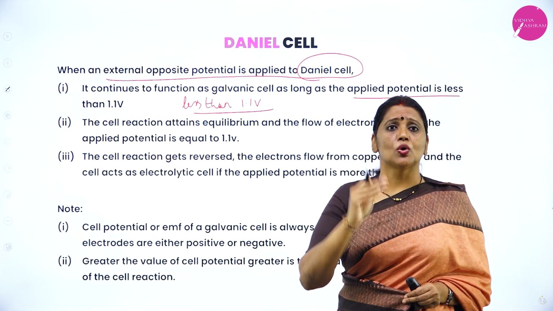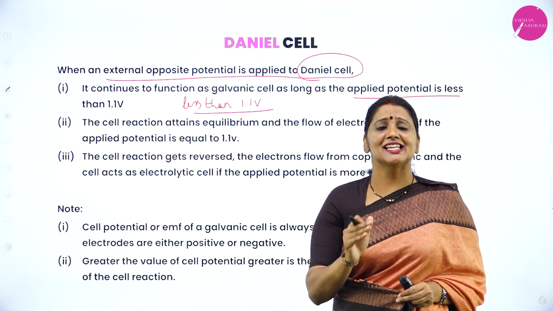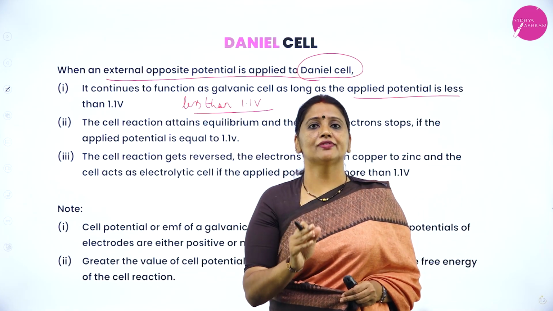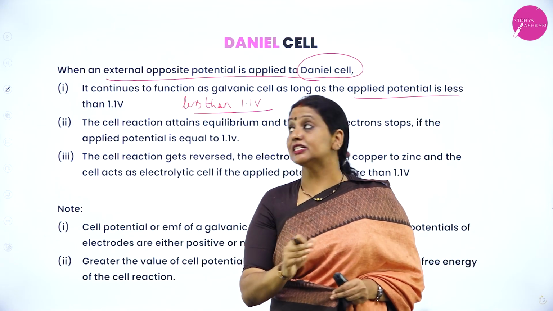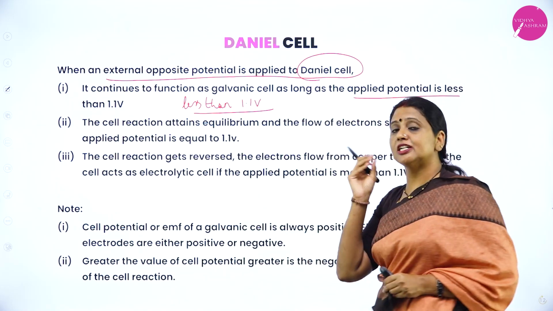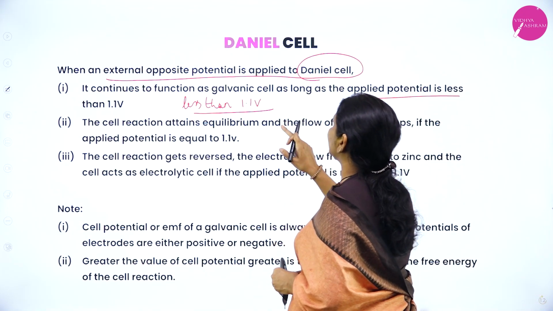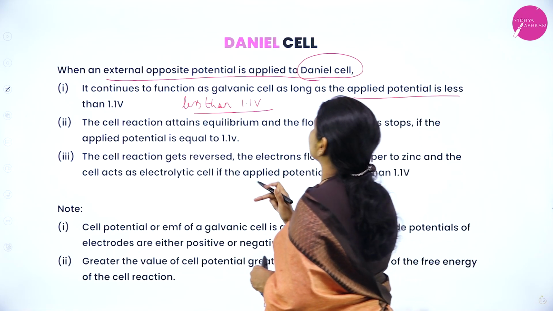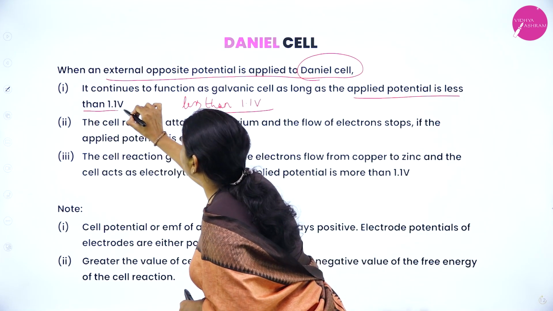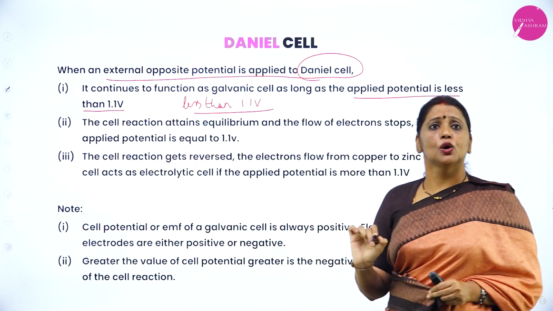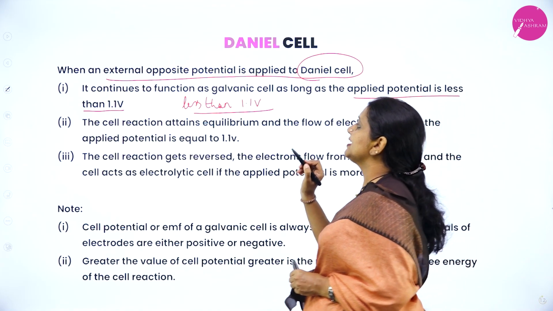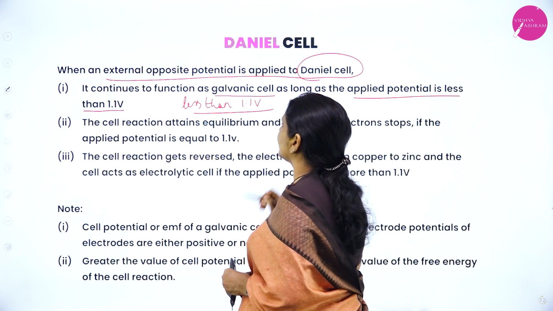Already you know that was the cell potential value of the Daniell cell. If an external opposite potential is applied to the Daniell cell and it is less than 1.1 volt, it functions as a galvanic cell.